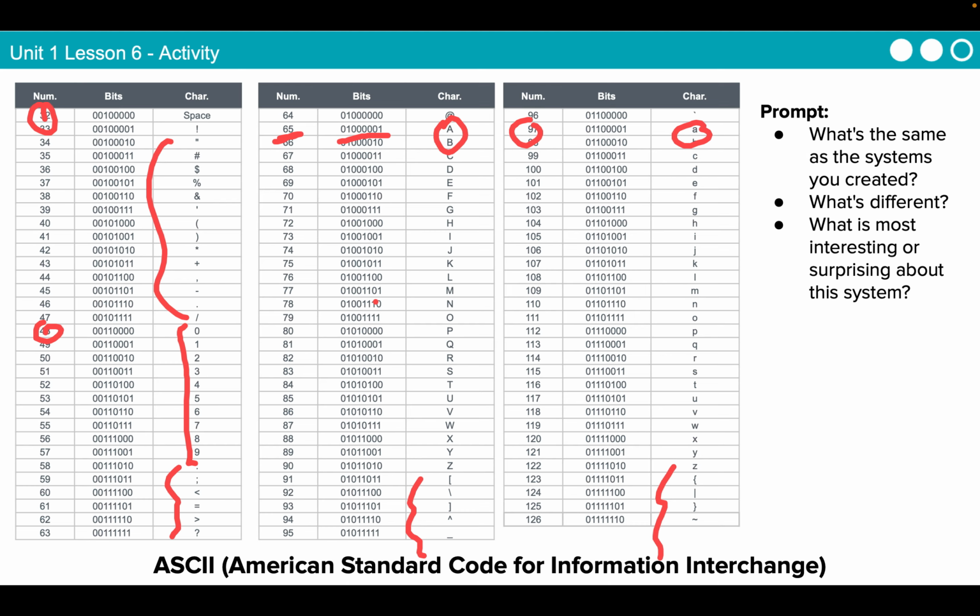How many bits are they using to represent all of these? Let's look at the largest one that we see here. They're all the same number of bits, by the way, so that we know when one begins and one ends and the next one begins. So this is 1, 2, 3, 4, 5, 6, 7, 8.